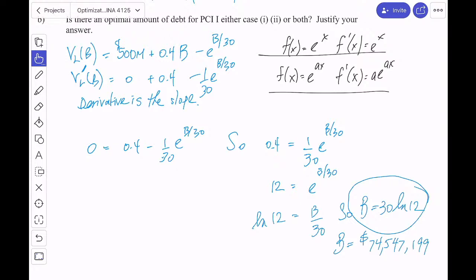So now that you have the optimal level, I'm going to put a star on it, asterisk. Now find the optimal value with the optimal level of debt. So you're going to plug that back in to this equation and tell me the value. I'll wait. If you didn't understand anything, all I want you to do is plug this value in to the original equation and tell me what you get.